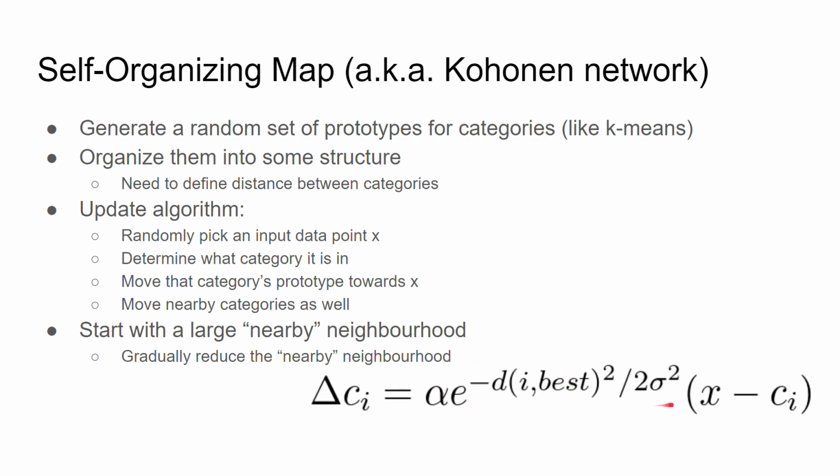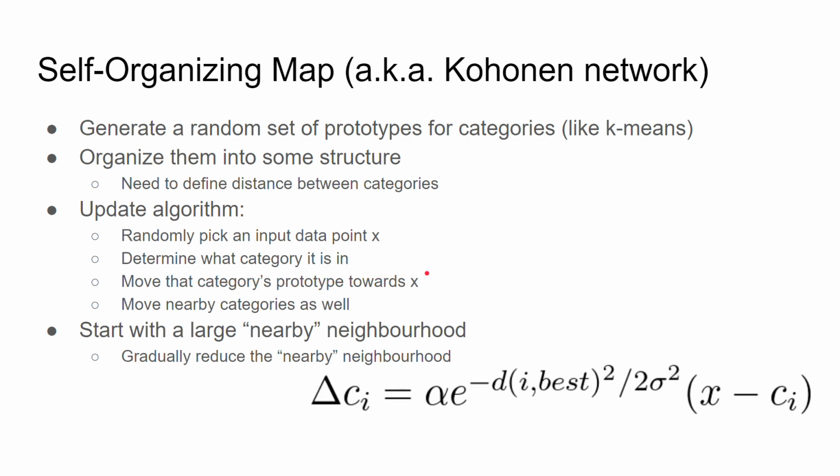Let's ignore this giant block here for a moment. x minus c_i, where x is the new point that I'm testing. If we ignored this whole giant thing and assumed it was 1, then this update rule would say move c_i towards x.